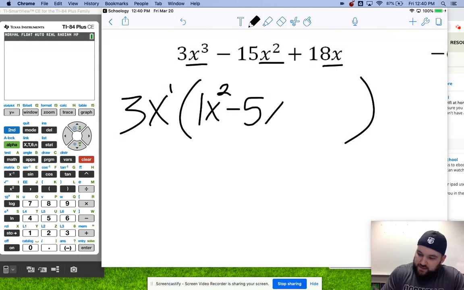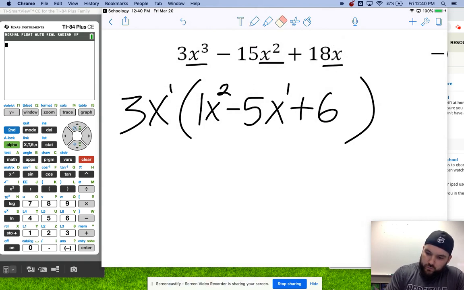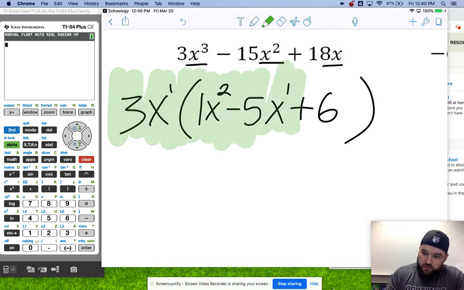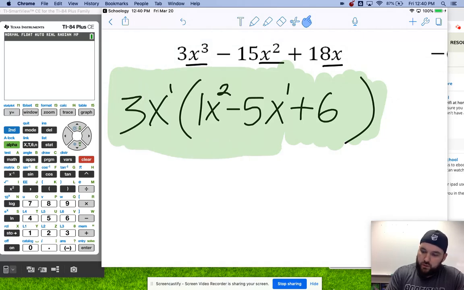There was x to the second power, but now that's reduced to x to the first. And then finally, 18 divided by 3 is 6. There was a single x there before, but I took it out as part of the GCF, so that is done. This is my factored answer. Every 1 that you see in here is unnecessary. You do not have to write it, okay?